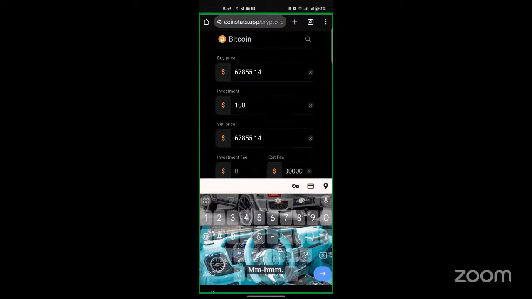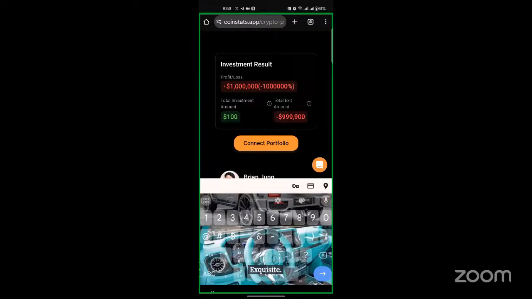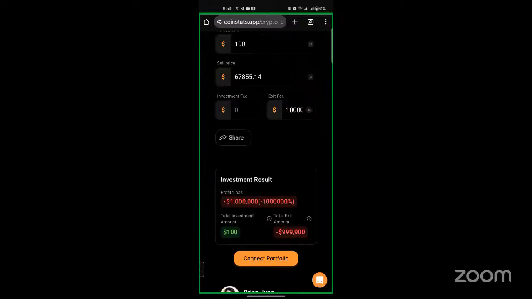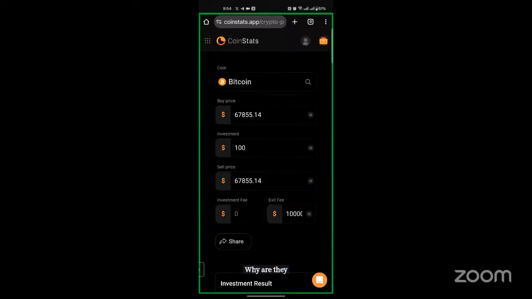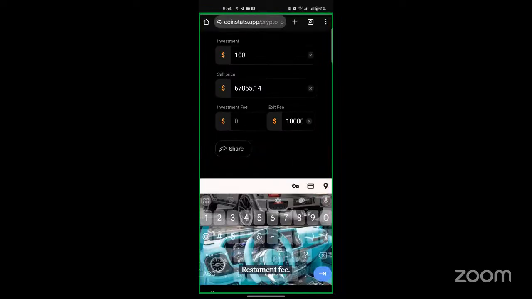Investment 100, you buy there. Investment fee, exit. Why are they not showing me? Investment fee, I'll pay like $5.